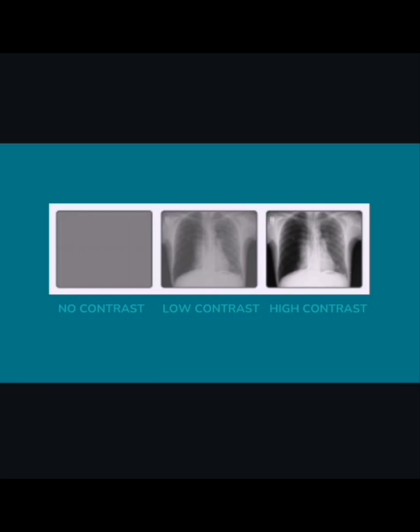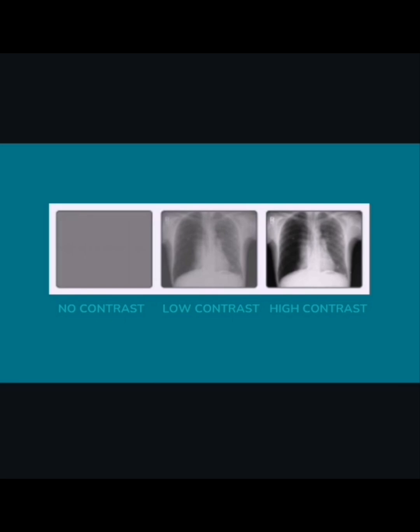And now, next is this image. This image has a different contrast. The first image has no contrast at all. Kaya ang makikita mo is gray lang. So, no contrast po yan. All structures in this radiograph are the same brightness level. It is all the same shade of gray.